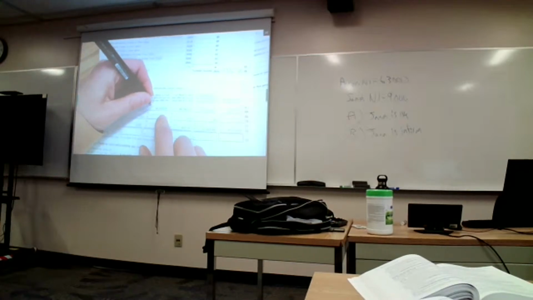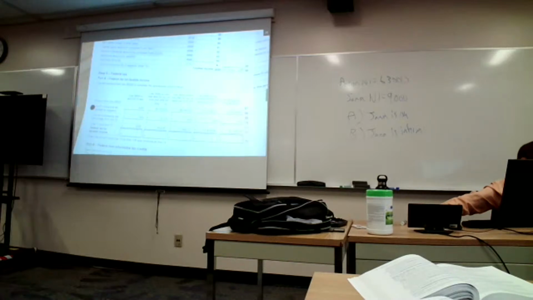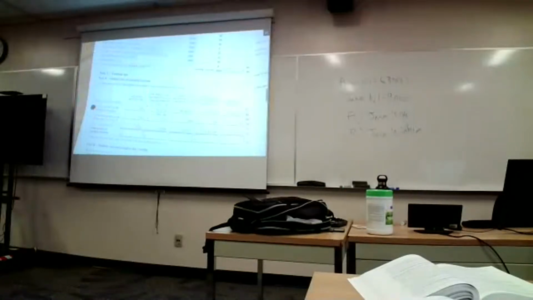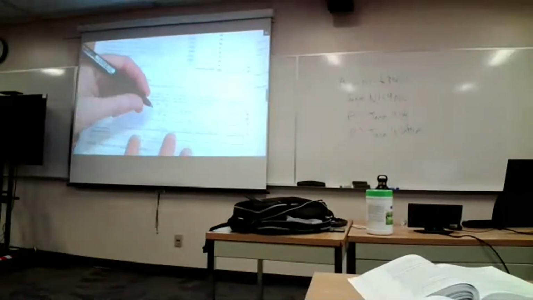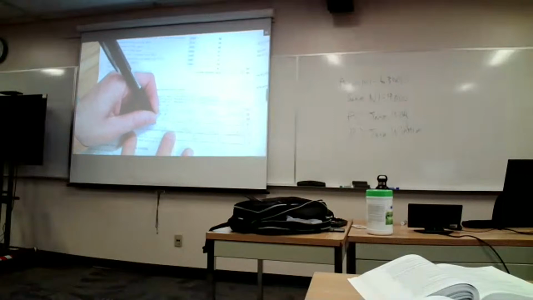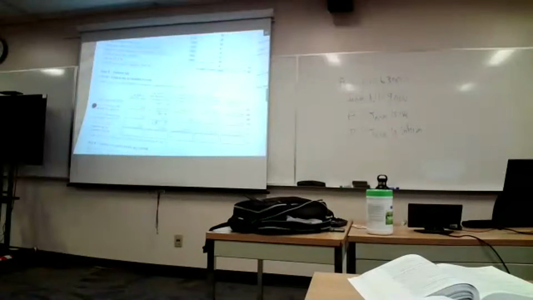Okay, so 63,000, we'll pop that there. 63,000 minus 49,020 is 13,980. We'll multiply that by 0.205, and that's 2,865.90. We'll add that to our 7,353.